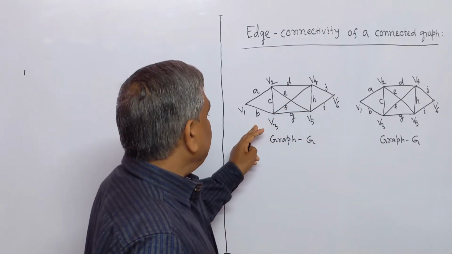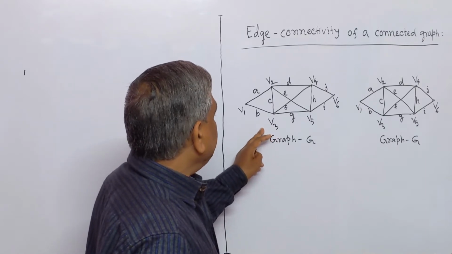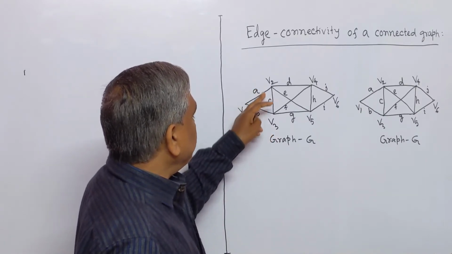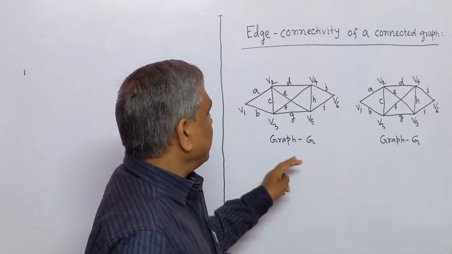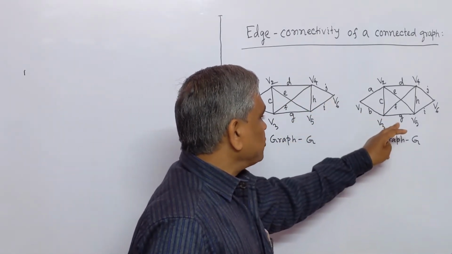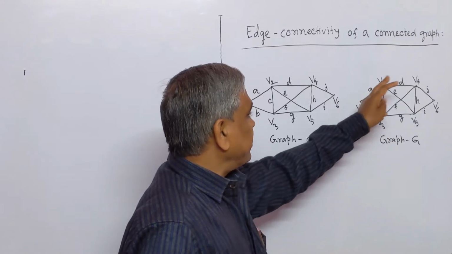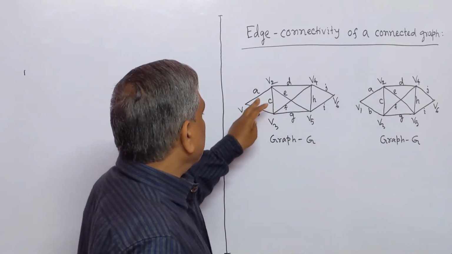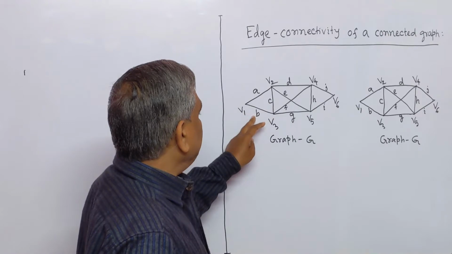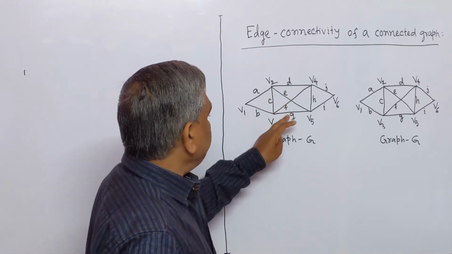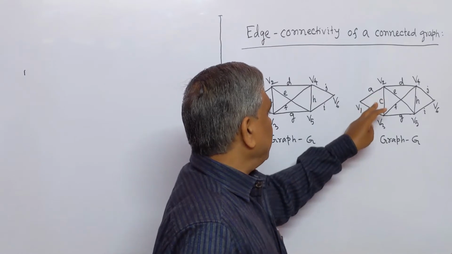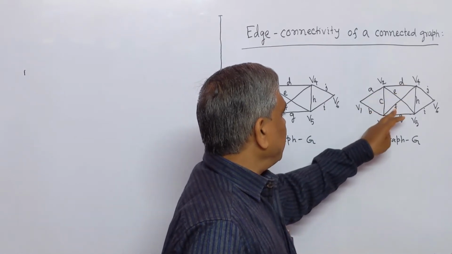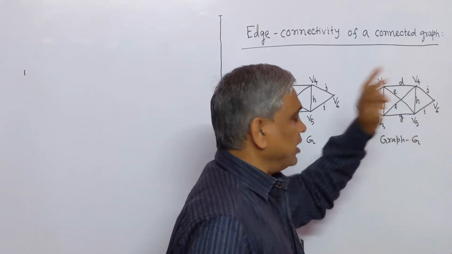Here we see that this graph contains vertices V1, V2, V3, V4, V5, V6, and this graph also contains the same vertices. And also here edges are A, B, C, D, E, F, G, H, I, J. Here also the same. A, B, C, D, E, F, G, H, I, J.